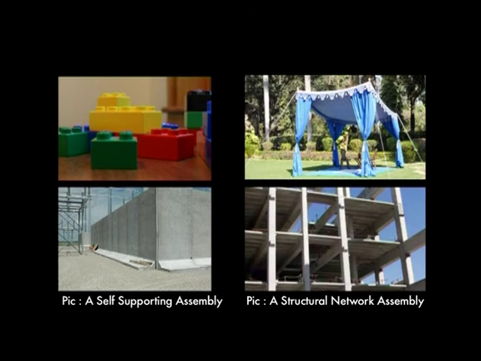Whereas, the other type where there is a structural framework or network is something like this. This is a structure which we saw in the previous episode. This is a tented structure where we use 4 pillars on 4 corners tied up by ropes and these pillars support the fabric or the material which encloses it, thereby becoming the structure itself.